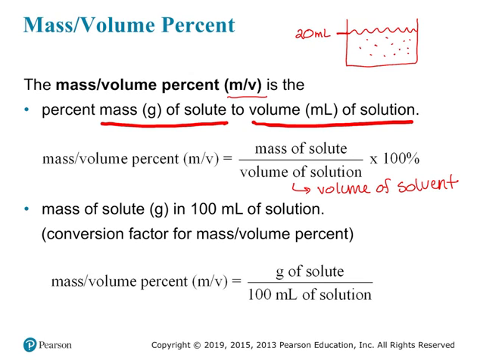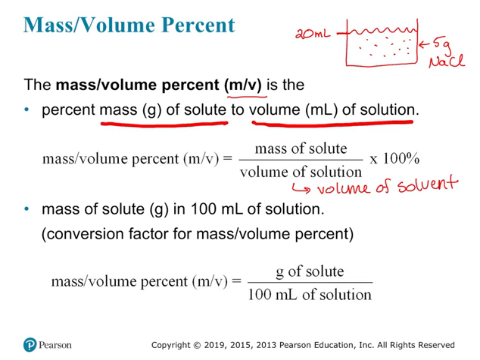So maybe we add 5 grams of sodium chloride. Those 5 grams are going to dissolve, and they're really not going to have an effect on the volume of the solution. They're not going to increase the volume significantly. So that's why we can just say that the volume of the solvent is the same as the volume of the solution for this particular concentration calculation.